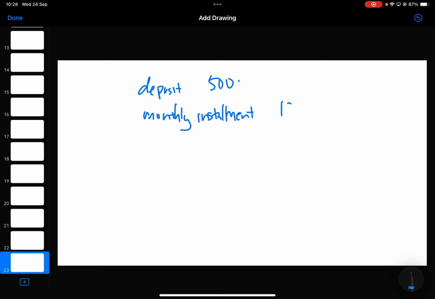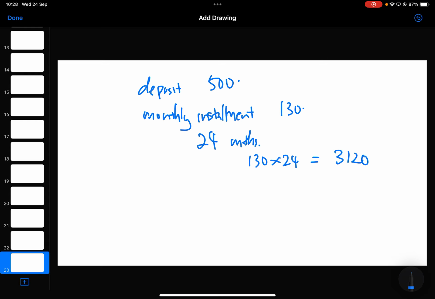is $130. Then you pay for, let's say, 24 months. Then they ask you to work back. How much total in the end do you pay? Then you must know. Every month pay 130, 24 months, I multiply by 24. $3,120.